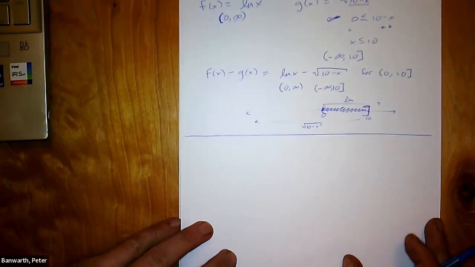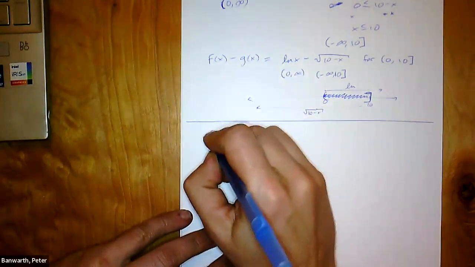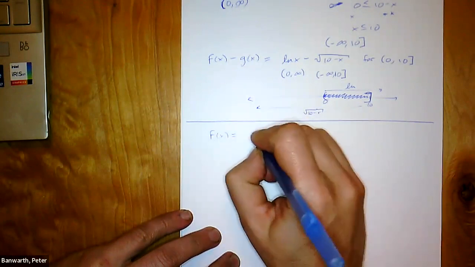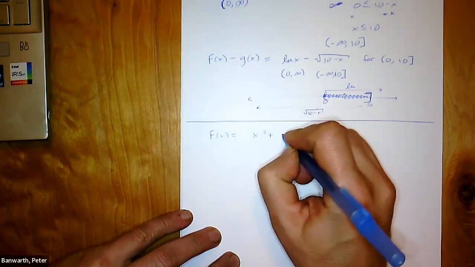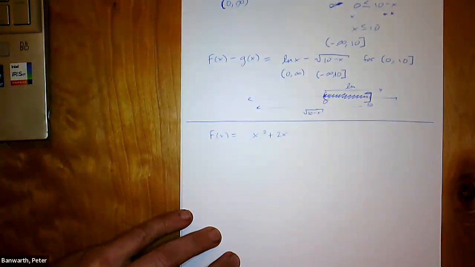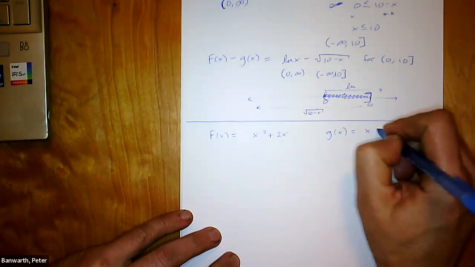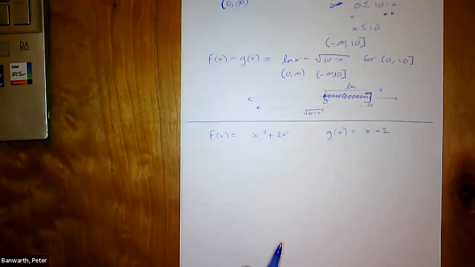All right, I'm just going to do a couple more function combinations. Let's see what we end up with. Let's take f of x equals x squared plus 2x, and g of x equals x plus 2.